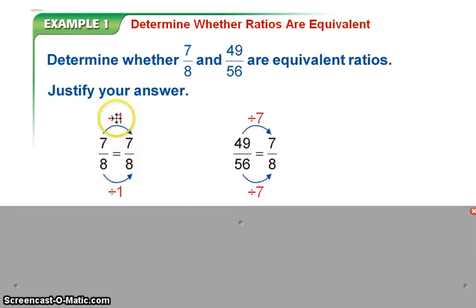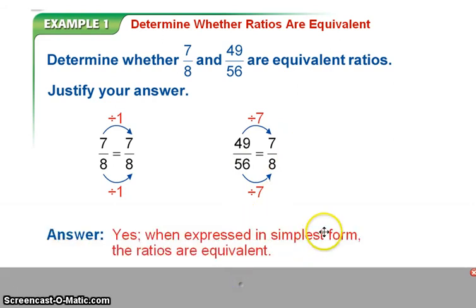For 7/8, the common factor is 1, so we divide each by 1 and we get 7/8. 49/56 can be reduced by 7, so we divide the numerator and the denominator by 7 and we end up with 7/8. So our answer is yes, they are equivalent because when they're expressed in simplest form, we get 7/8 and 7/8. So these are equivalent ratios.